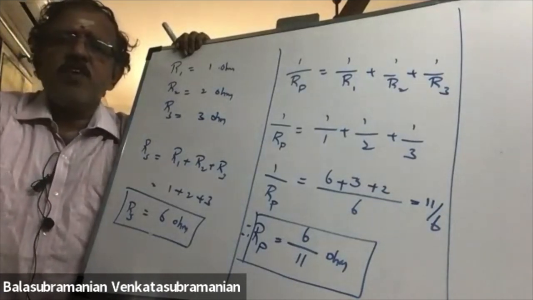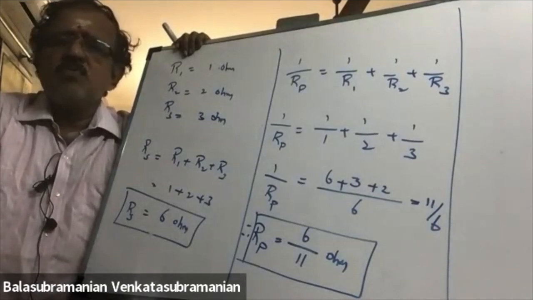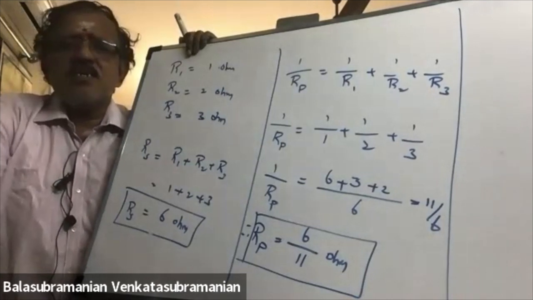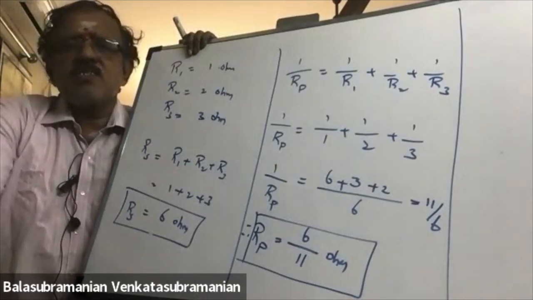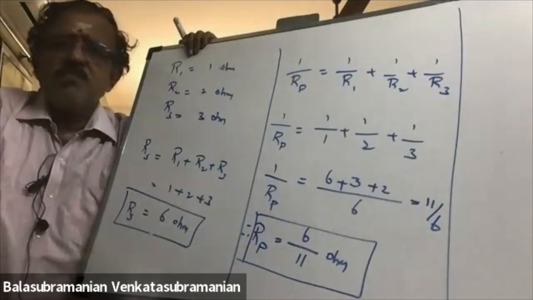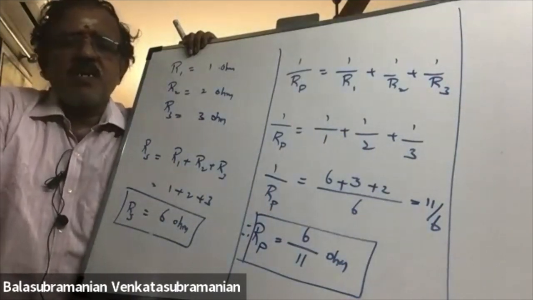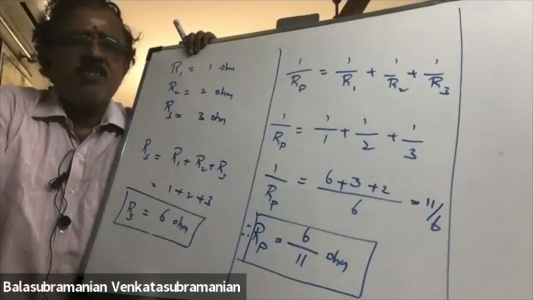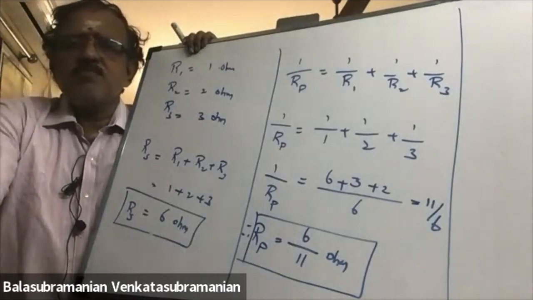Then the all-time famous question, Ohm's law. Based on that, resistors in series, resistors in parallel. Then Ohm's law experiment we have seen. Then electric power and electric energy. Consumption of electric power, how to calculate, we have discussed with a small example.